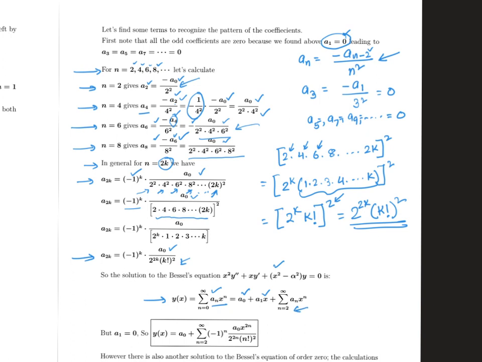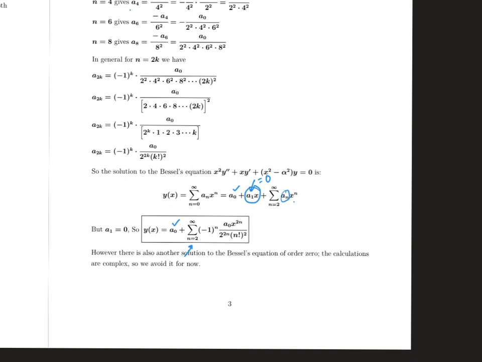However, we found a sub 1 to be 0, so this term is going to go away. We are left with a sub 0 plus summation n equals 2 to infinity a sub n x to the power n.